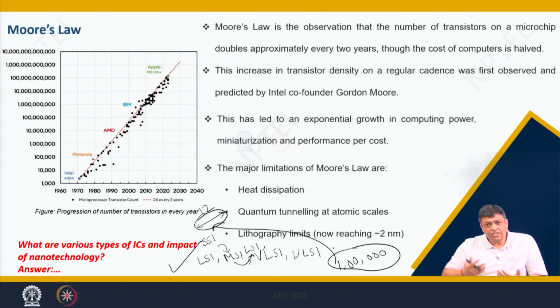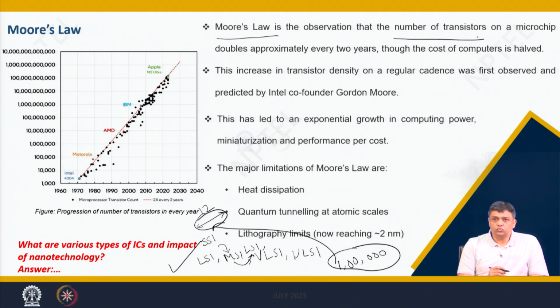This was very nicely explained, for example, in transistors. If you see Moore's law, it says that approximately the number of transistors on a microchip doubles in nearly every 2 years, though the cost of the computers is halved.